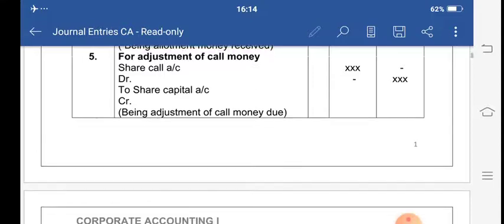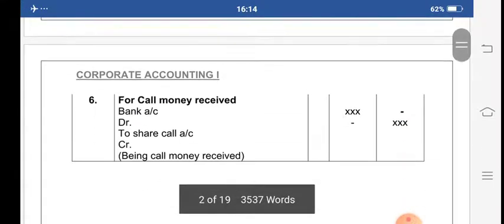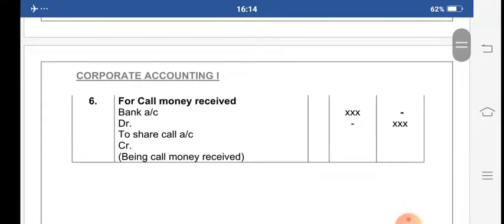Next, entry number 6, for call money received: bank account debit to share call account credit. The narration is: being call money received. Like this you have to pass the journal entries.